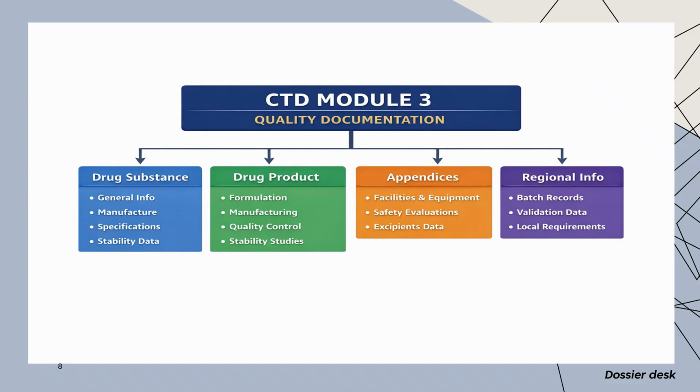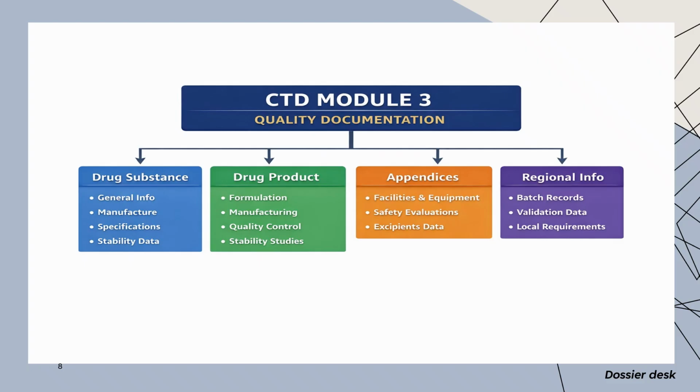The appendices section includes supporting documentation such as manufacturing facilities and equipment, safety evaluation for materials of animal or human origin, additional technical information required for quality assessment.